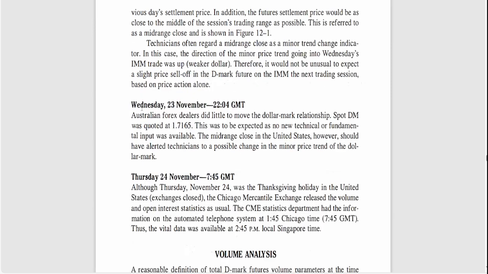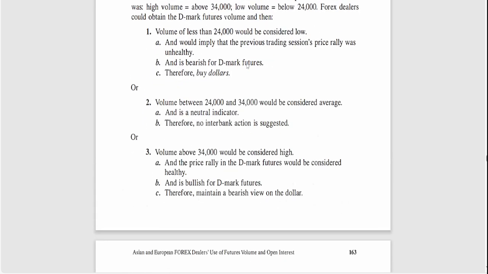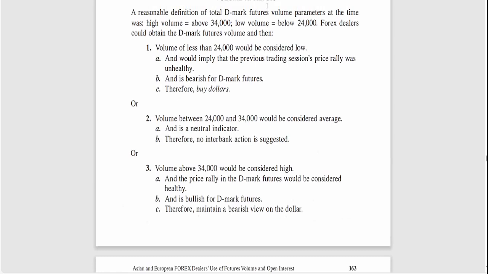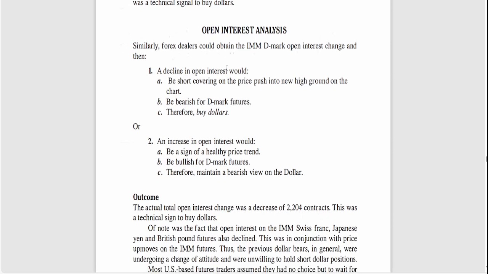Look, they are explaining every day, Wednesday 23 November, and what's happening there, and they are actually doing the volume analysis as well. They are doing volume analysis on that example, and open interest analysis there. So by reading that, you will have an experience of using open interest.